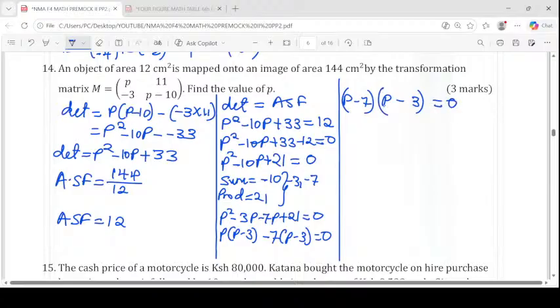In the first case, P minus 7 equals 0, then the value of P will be 7. In the other case, P minus 3 equals 0, which means P can be 3.